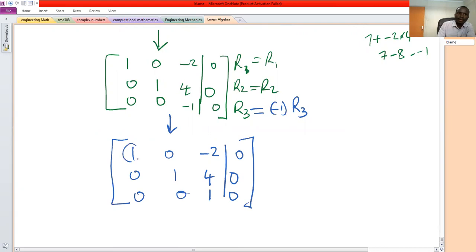So this is in row echelon form. Now remember, these are the C1, C2, C3 columns.